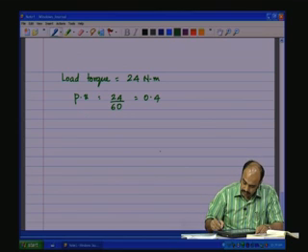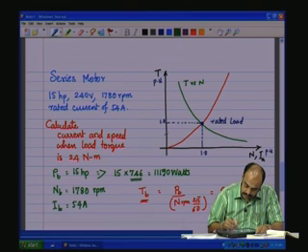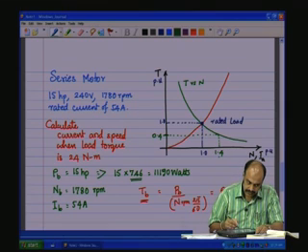So, when we go back to the characteristic, let us say if this is 1 and somewhere here is our 0.4 per unit, at that we have speed which is 1.4 per unit, as given.